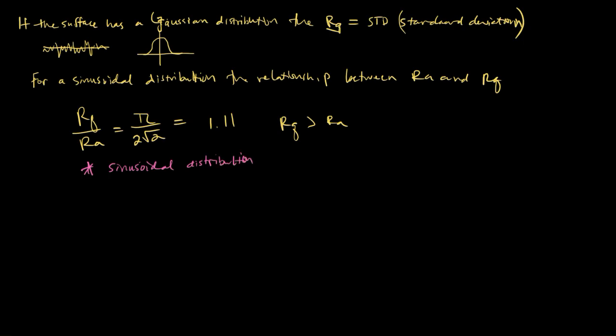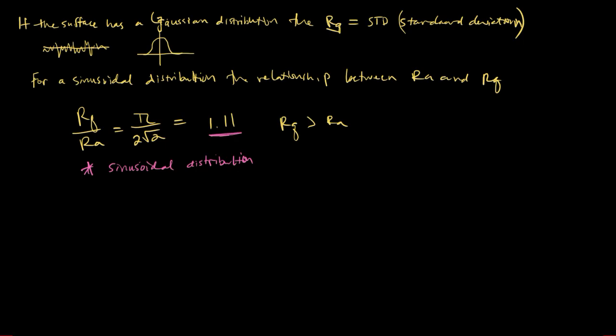We're just using a certain distribution as an example. So the point here is not that RQ over RA is equal to 1.11. The point is that RQ is often slightly larger for some statistical surface distributions than RA.